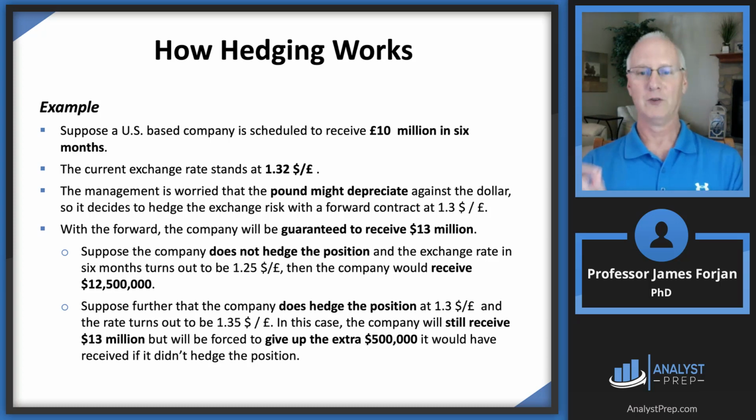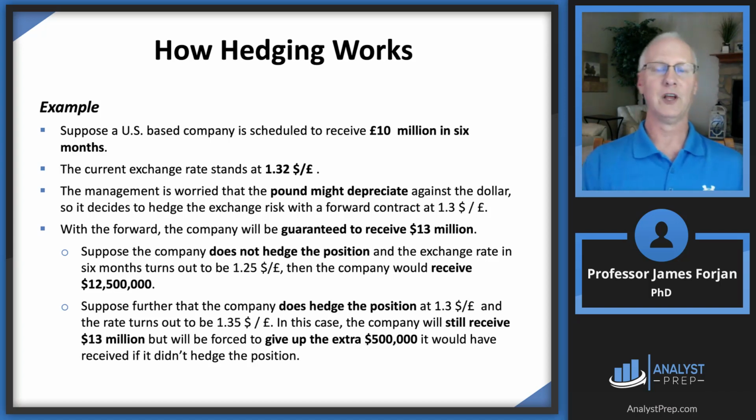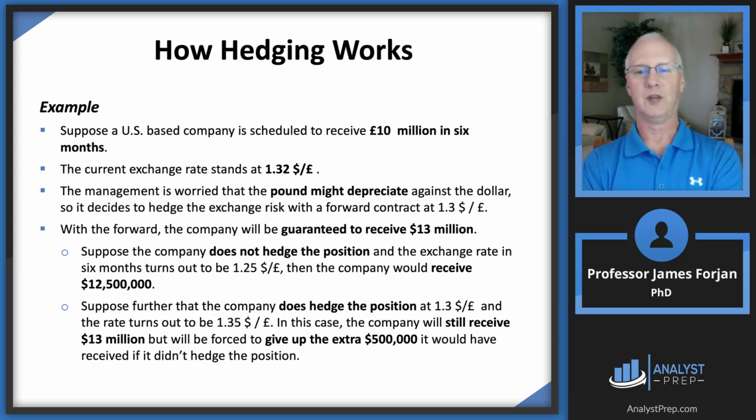Okay, so here, if we have that forward contract, what did we do? We're guaranteed to get 13 million. We would only have gotten 12.5 million. So we're very proud. We stand there and pump up our muscles and say, look at how smart I was. I locked in that price of $13 million.